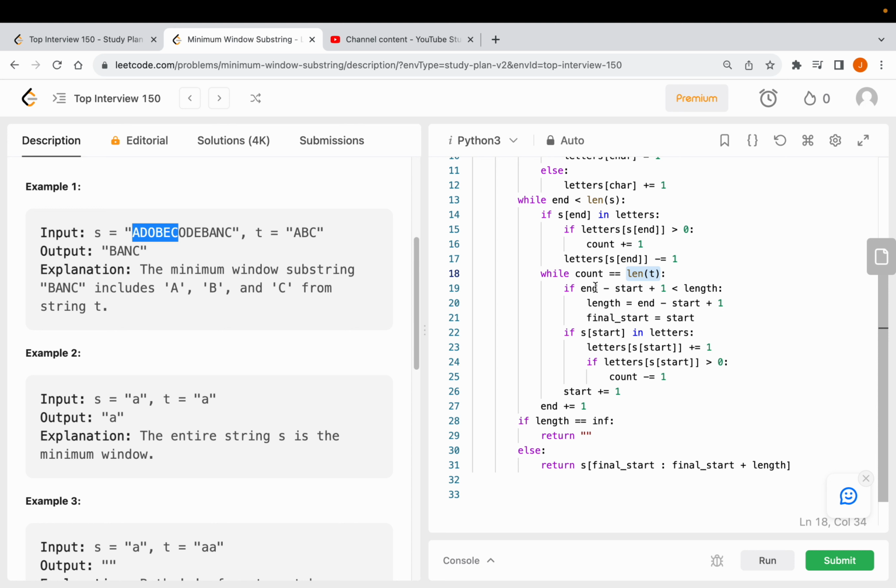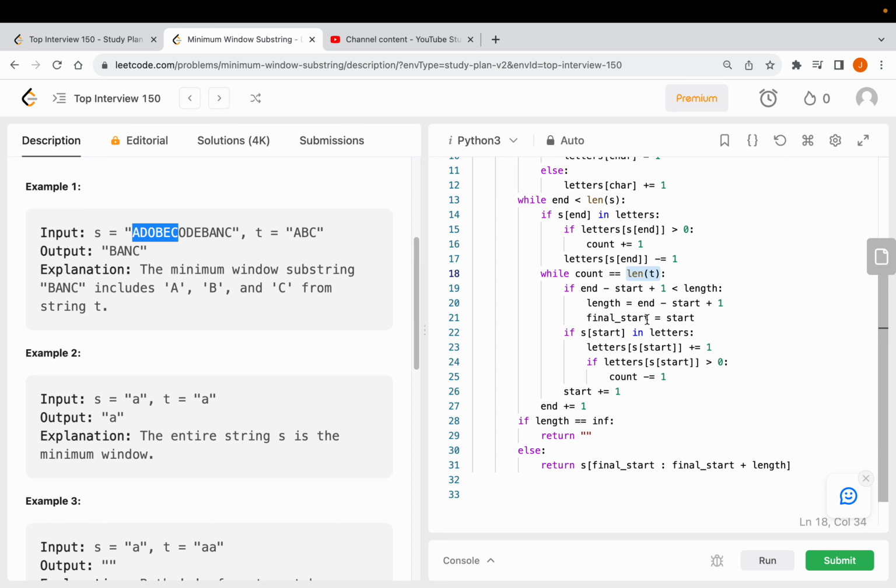In this case, we have found a valid window, so we update our length to the current length, and final start, where the optimal window will start. Since this window is smaller than the last window, we also update final start.